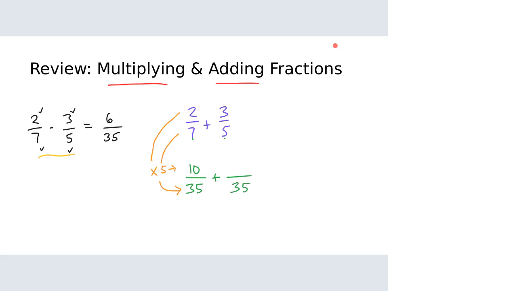What we're saying here is 10/35 has the same value as 2/7. Those two fractions are equivalent to one another. It's just for this particular problem, I need 35 as my denominator, so I'm going to rewrite 2/7 as 10/35 because then I'll be able to add it to this other fraction that I'm still working on.